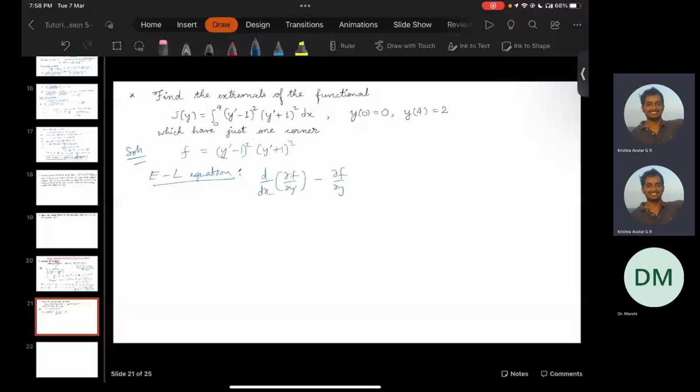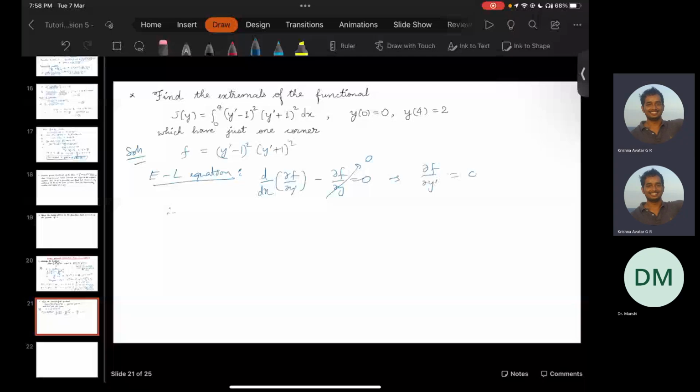So therefore, let's use the chain rule. You'll have 2 into y prime minus 1 into y prime plus 1 whole square plus 2 into y prime minus 1 whole square into y prime plus 1 is equal to constant.